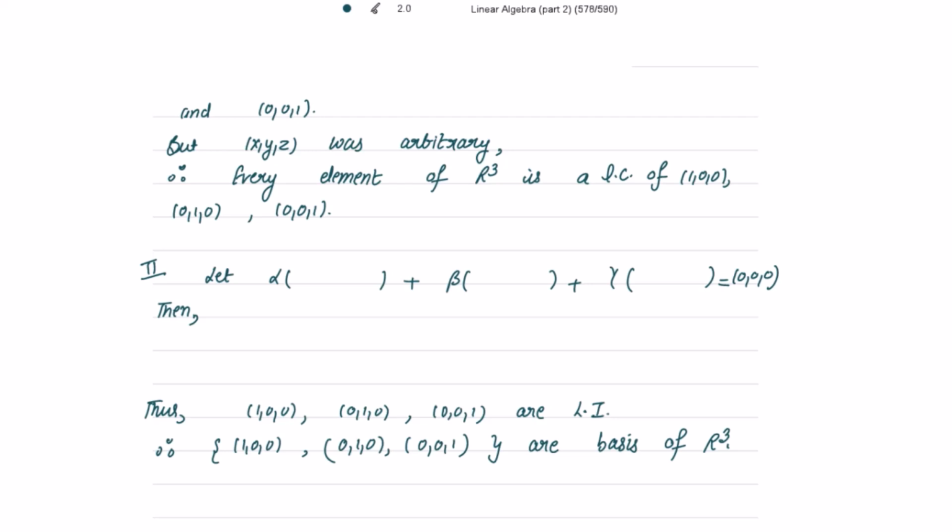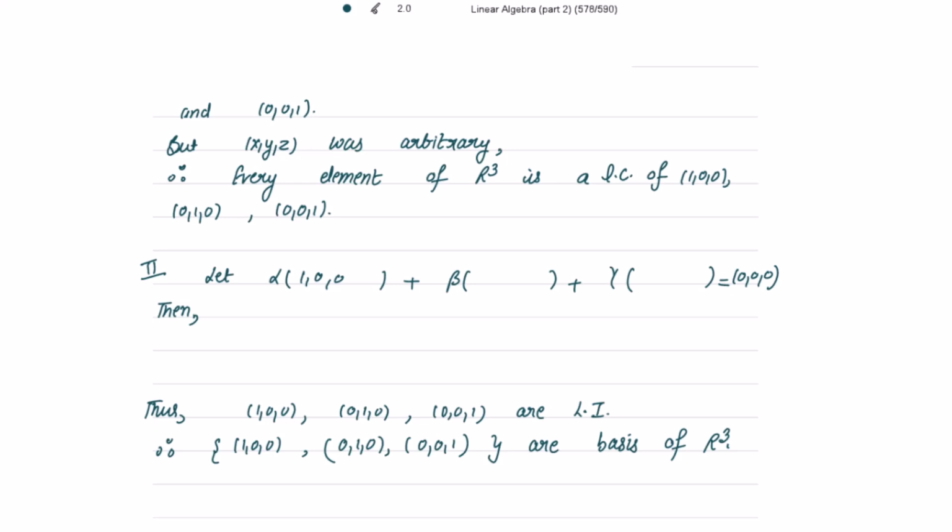Now about the first condition, that these vectors are linearly independent, right? Let me take the linear combination with my scalars alpha, beta, gamma. Why have I proved the second condition first? Because I need these vectors.